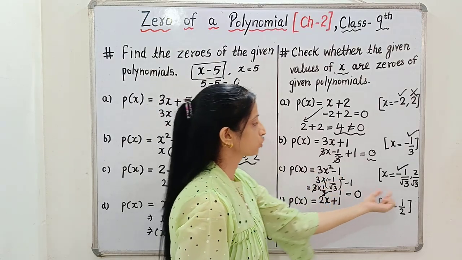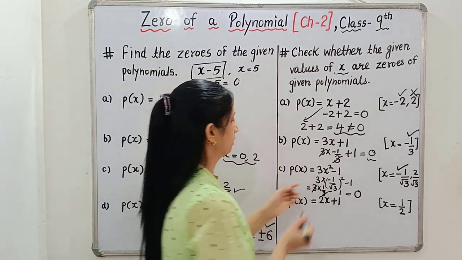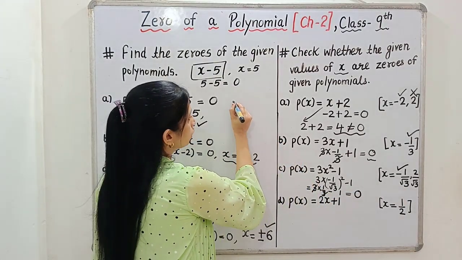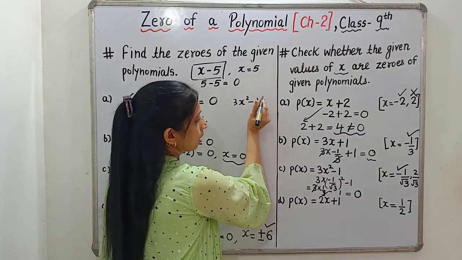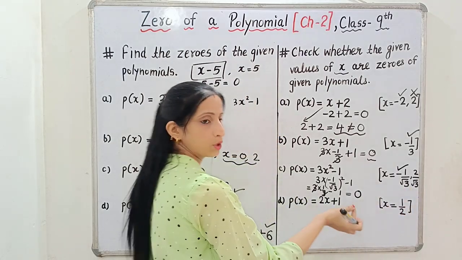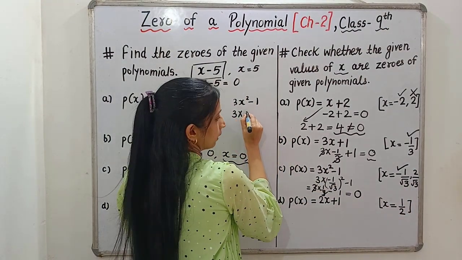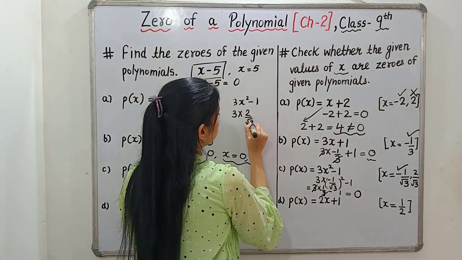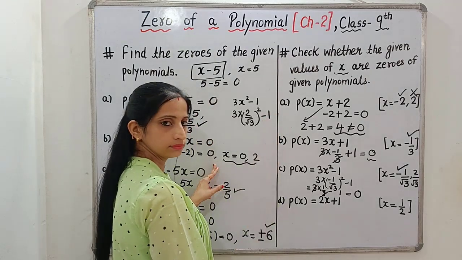Okay. Now let's check for the second one, 2 upon root 3. There is lack of space, so I am doing it here. So 3x square minus 1. Now we will put this value 2 upon root 3. So 3 multiplied by 2 upon root 3 square minus 1.